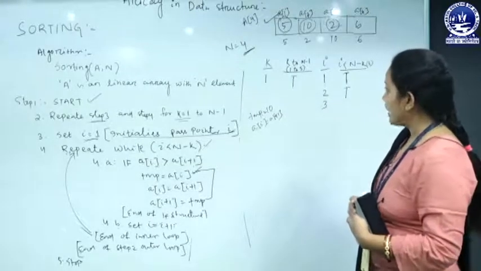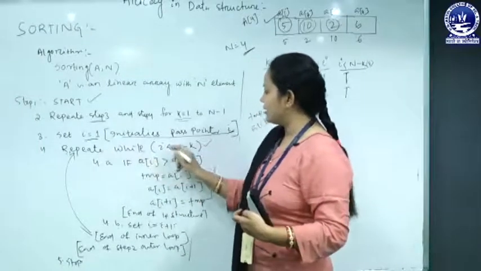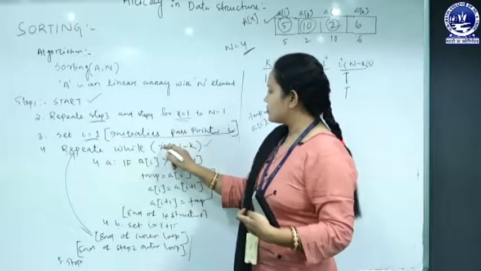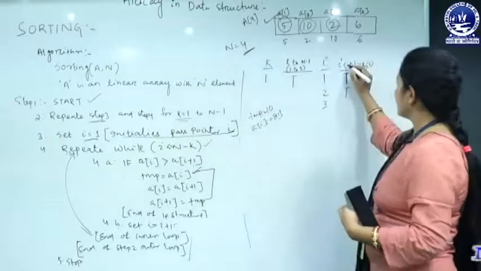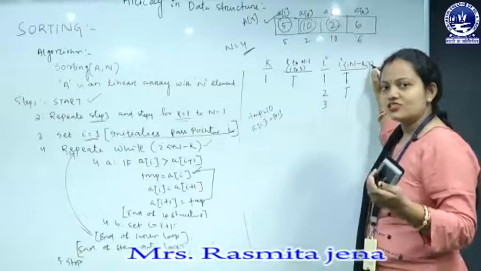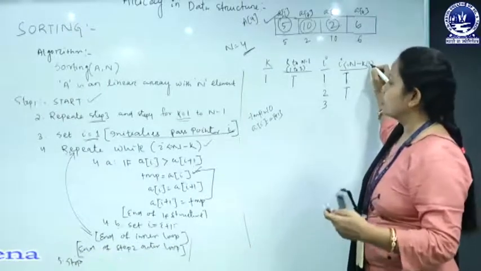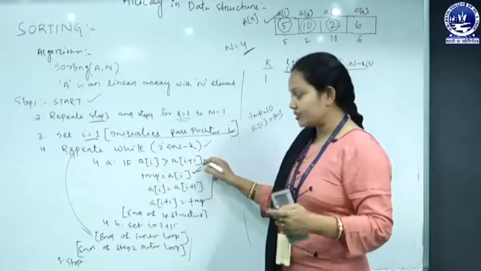When I becomes 3, we check the condition, while I less than or equal to n minus k. I is 3 and n minus k is 3, so this condition is again true. As this condition is true, we enter the step 4 block.